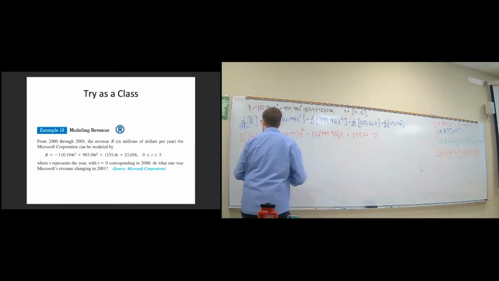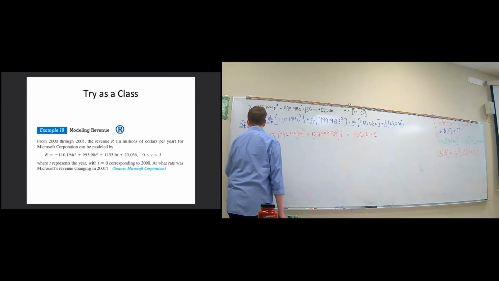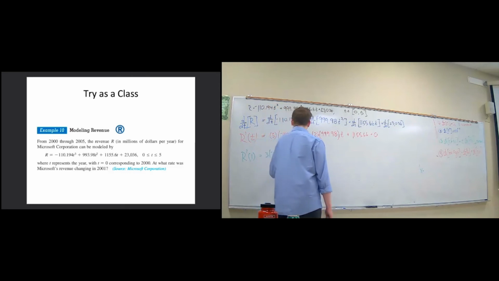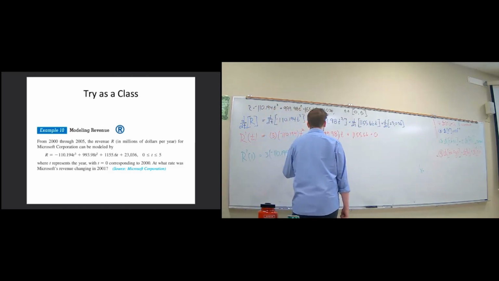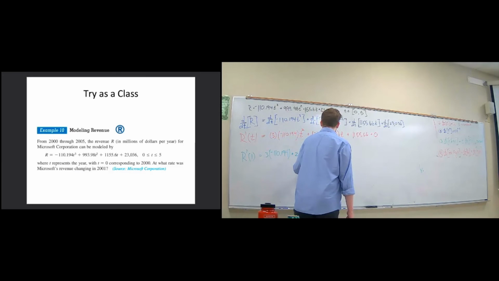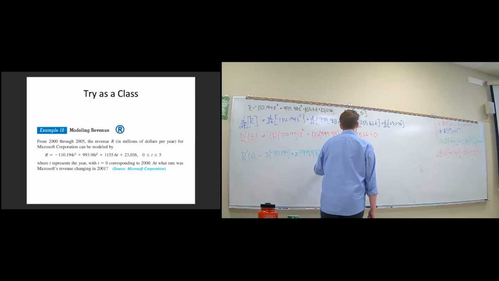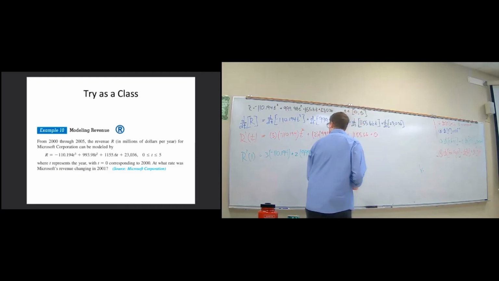So r prime of 1 is equal to 3 times negative 110.194. 1 squared is just 1. 2 times 999.98 times 1, plus 1155.66. I am not reducing it any further than that, because that's just straight arithmetic now, right?